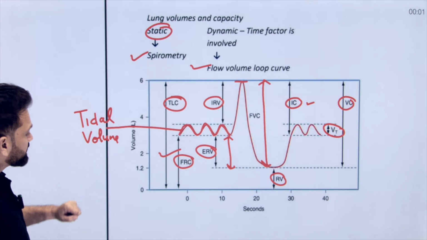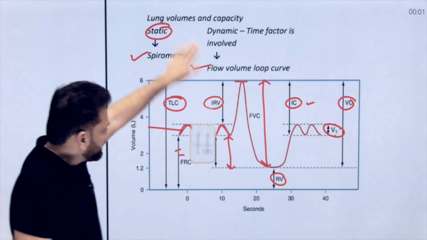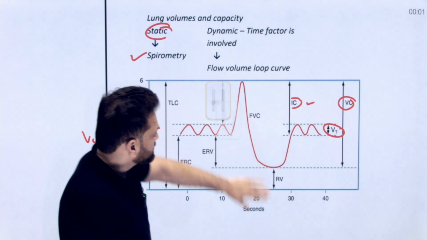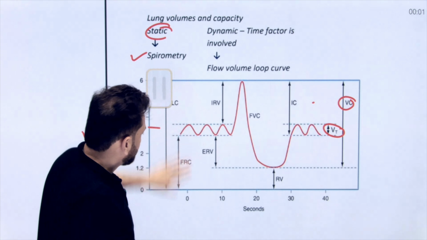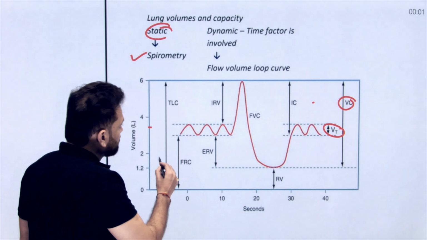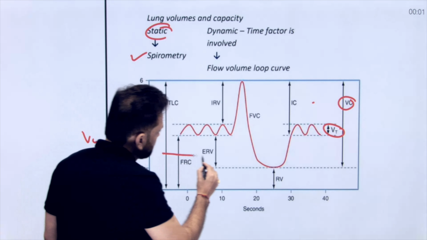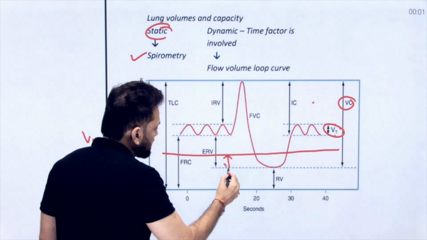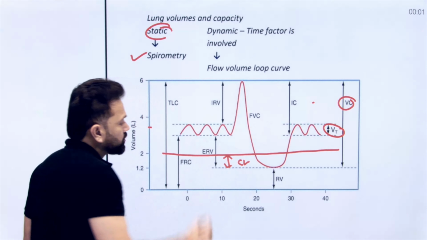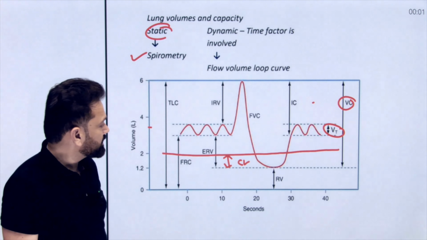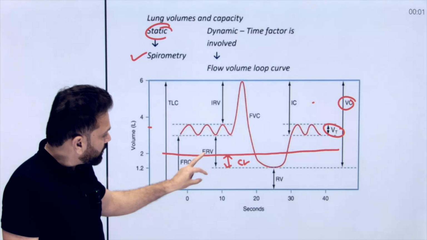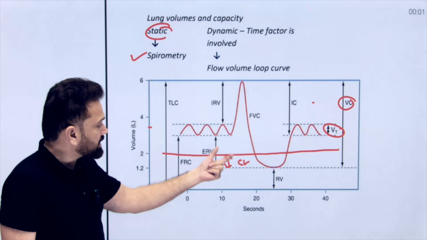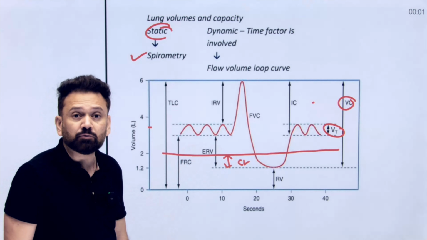In this diagram you can see, if I plot it, closing volume is the amount of air above the residual volume where alveoli start closing. I hope now it is clear. So closing volume is the amount of air above the residual volume at which your alveoli start collapsing. This is called closing volume.